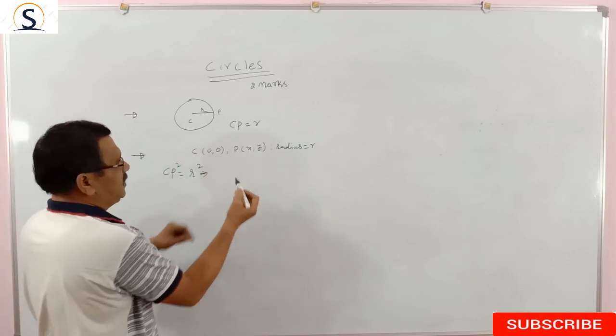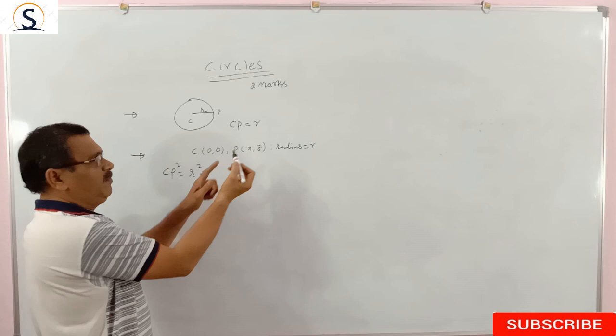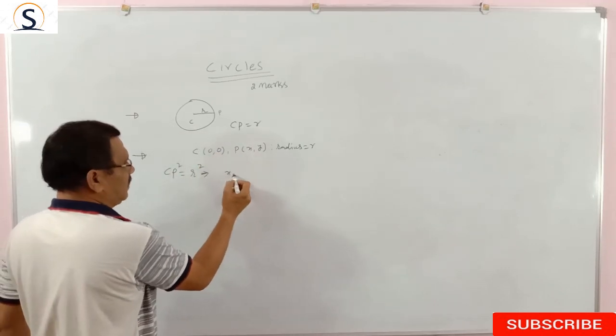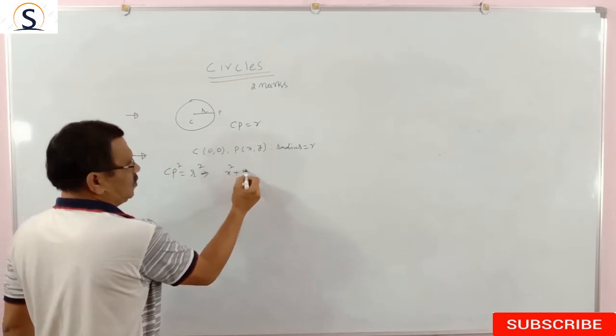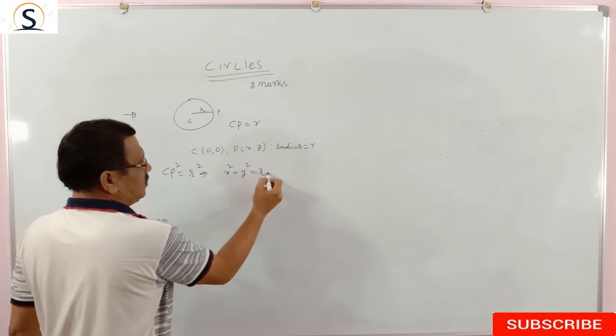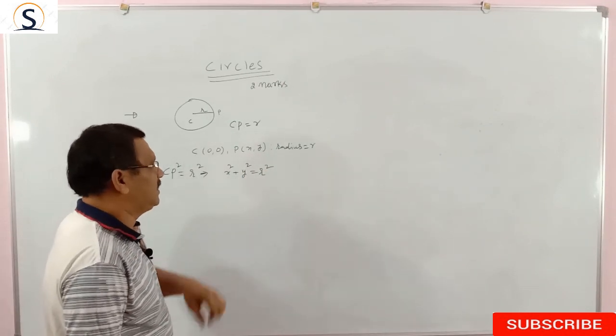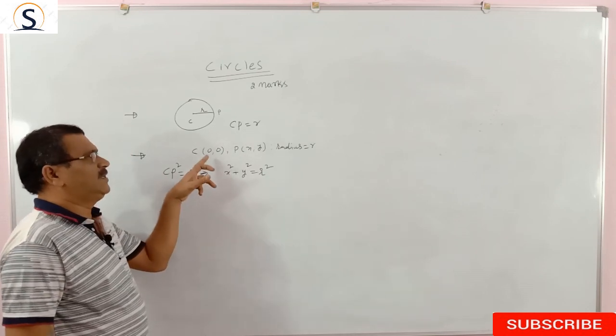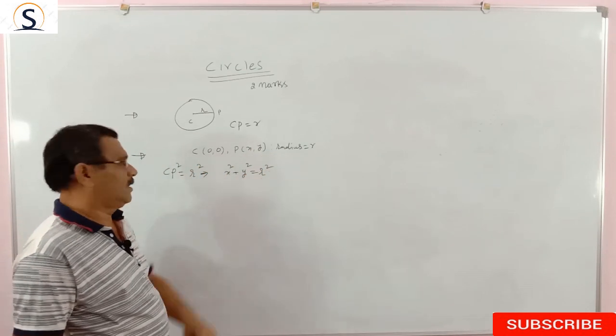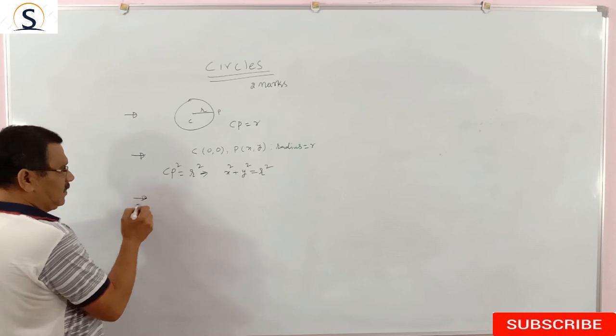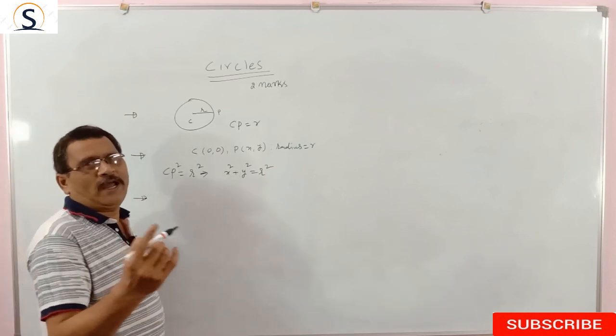The distance from C to P is (x2 minus x1) whole square plus (y2 minus y1) whole square, that is (x minus 0) whole square plus (y minus 0) whole square. Therefore x square plus y square is equal to r square is the circle with center (0, 0) and radius r.